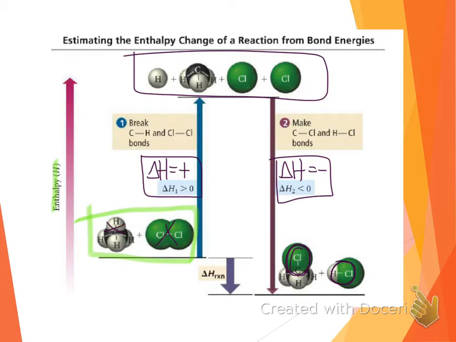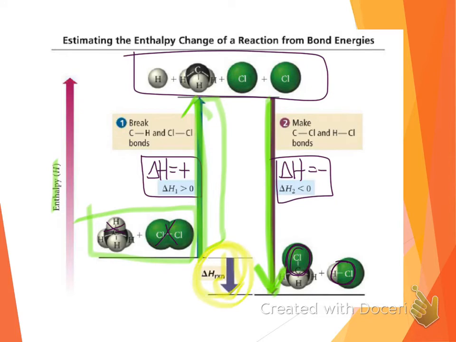Well, we can see here that the amount of energy that was required to break our bonds is less than the amount of energy that was released when our new bonds are formed. The difference between those two energies is the heat of reaction. So that heat of reaction, or enthalpy of reaction, again is the difference between those two that we see right here.